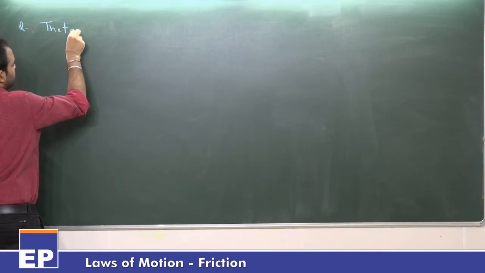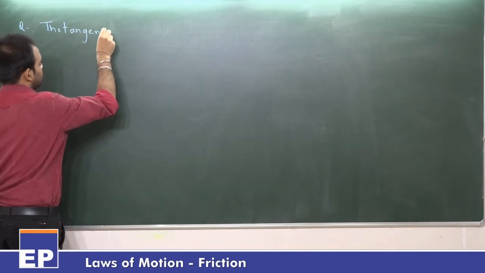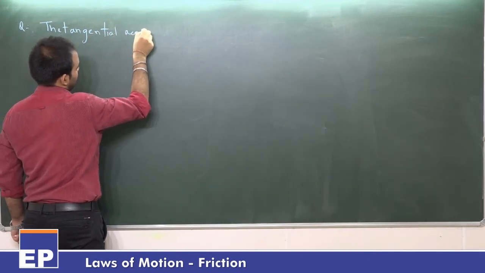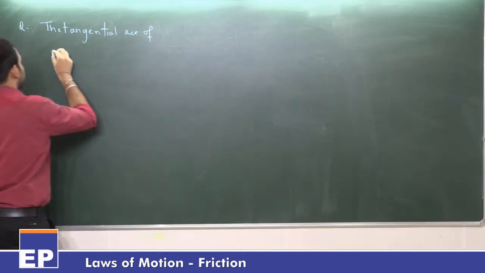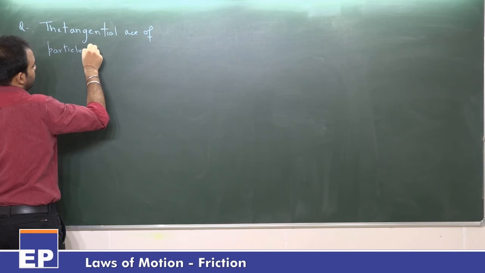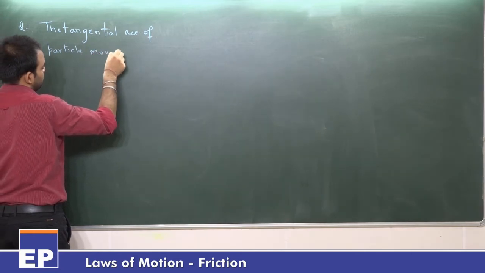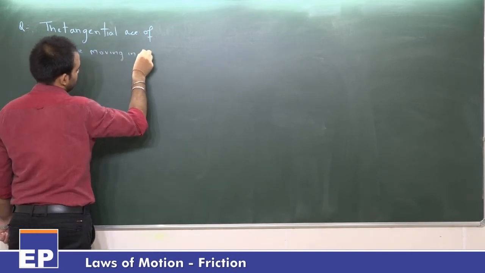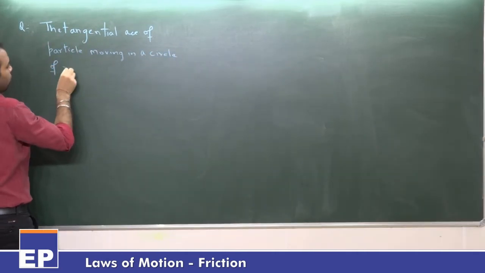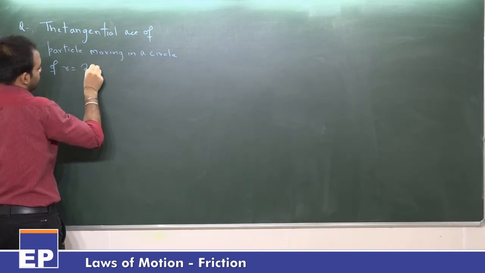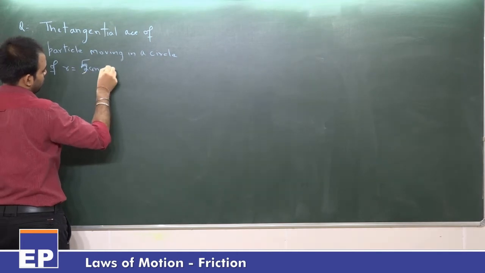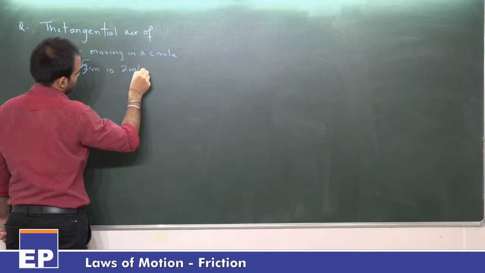The tangential acceleration of a particle moving in a circle of radius 5 centimeter is 2 meter per second square.